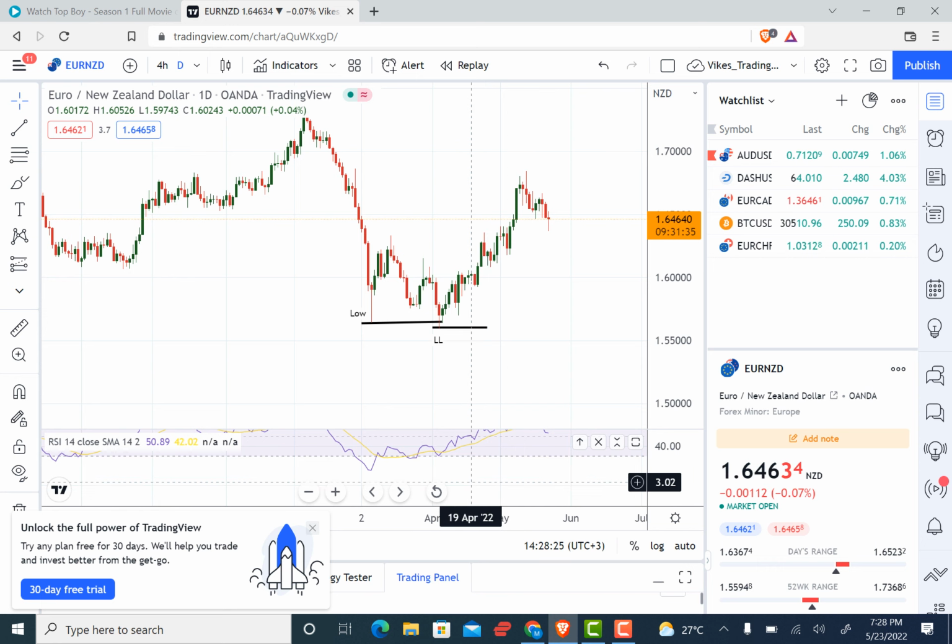So if a scenario like that would have happened, we would have waited for a retrace of prices to look for positions to sell. But in this case, here is our low.